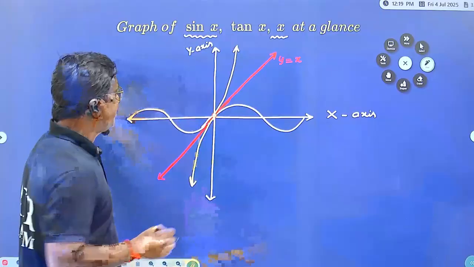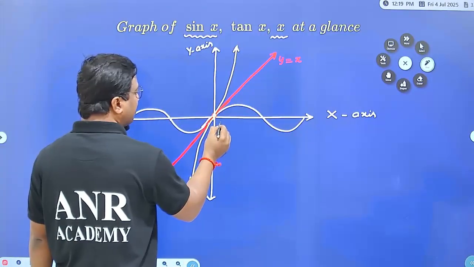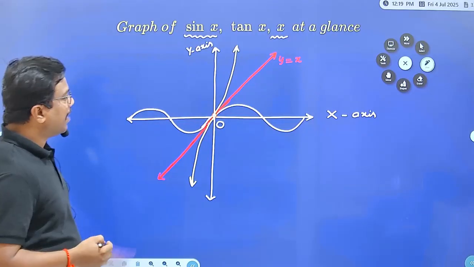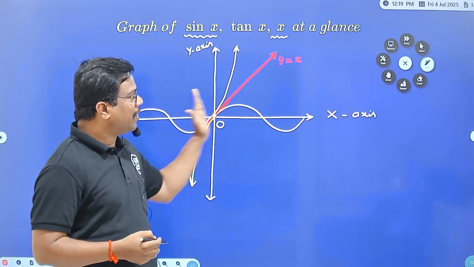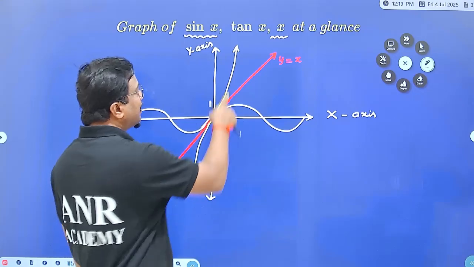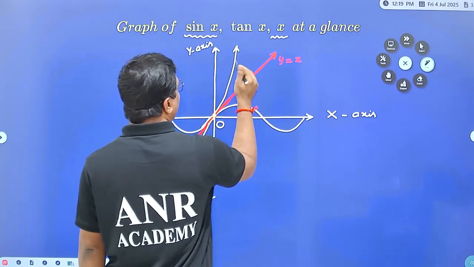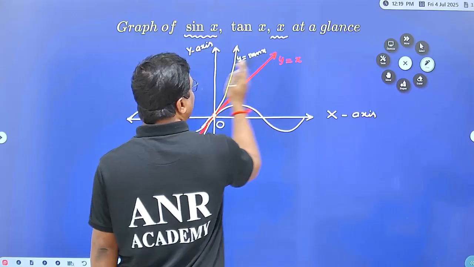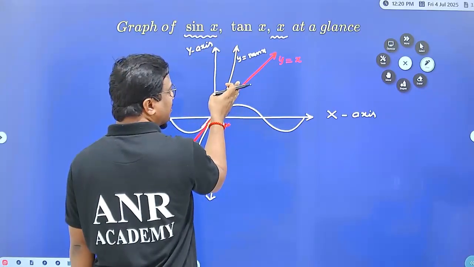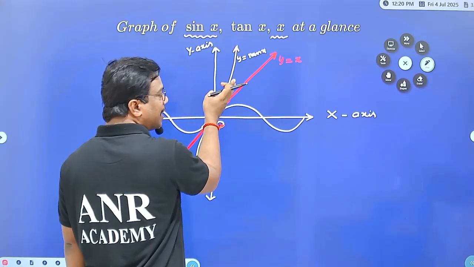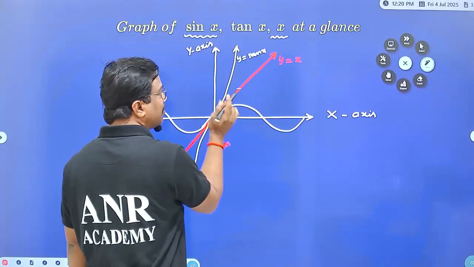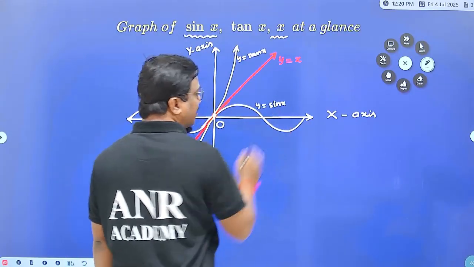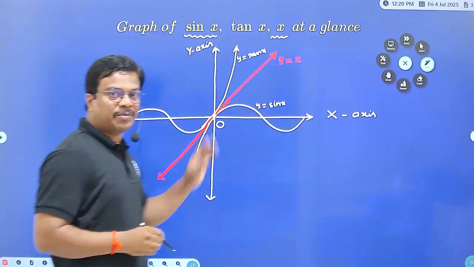All the three graphs clearly pass through the origin, and observe that for all positive values of x, tan x values are greater compared with the values of x, and x values are greater compared with the values of sin x. So the observations here I am going to write.